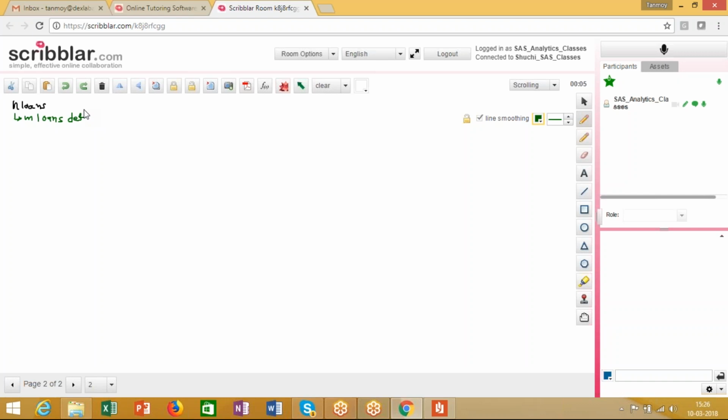Okay, so M loans have defaulted. Suppose what I'm trying to do is predict the probability of default, standing at 12 months ago.